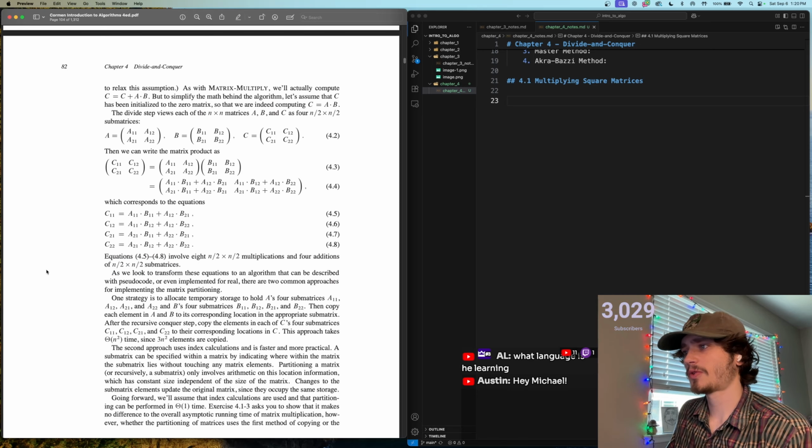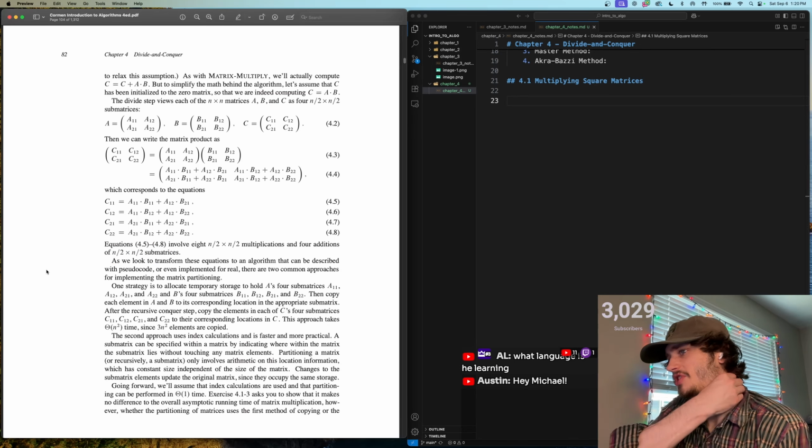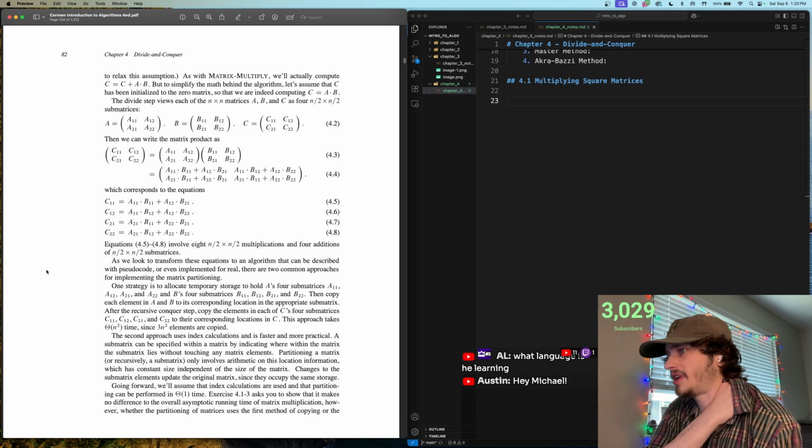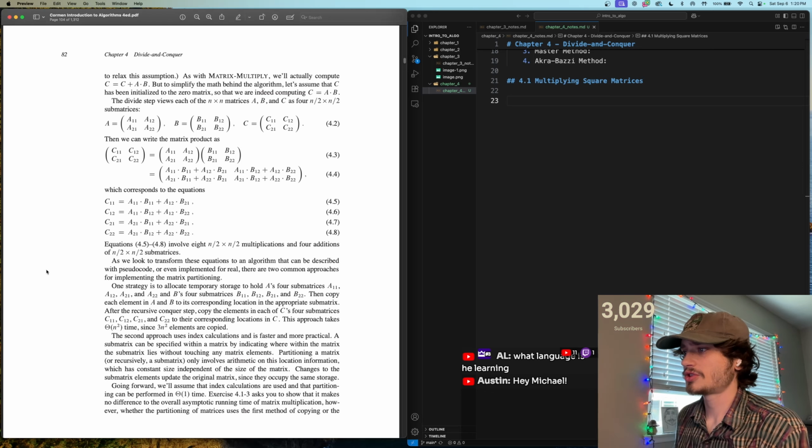As we look to transform these equations to an algorithm that can be described with pseudocode or even implemented for real, there are two common approaches for implementing the matrix partitioning. One strategy is to allocate temporary storage to hold matrix A's 4 submatrices A11, A12, A21, and A22, and B's 4 submatrices B11, B12, B21, and B22.